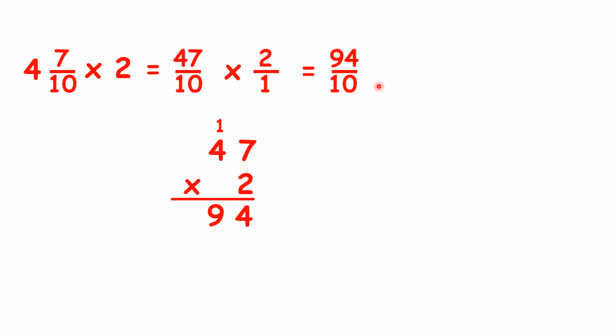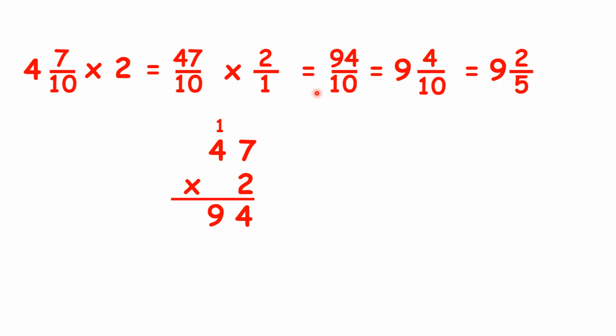But to change back to a mixed number, if we divide 94 by 10, we get 9 remainder 4. So keeping the denominator the same, we have 9 4/10 as our answer. But is this our answer in its simplest form? Well, we can simplify 4/10 to 2/5. So we can write our final answer as 9 2/5.